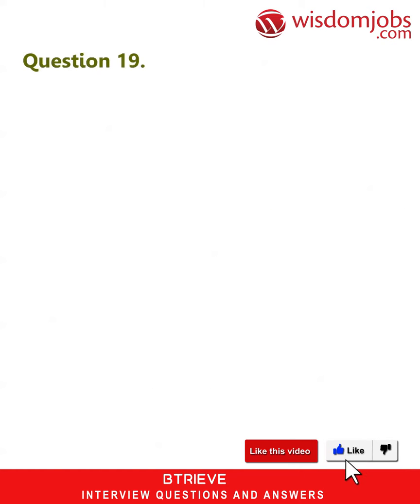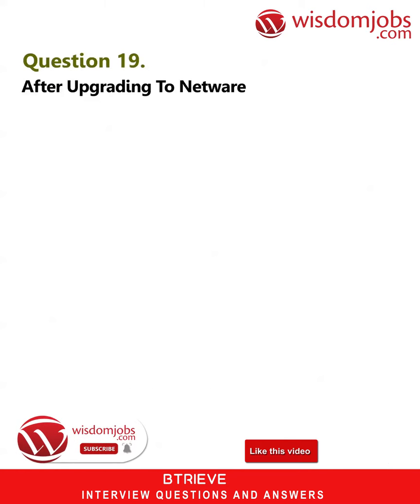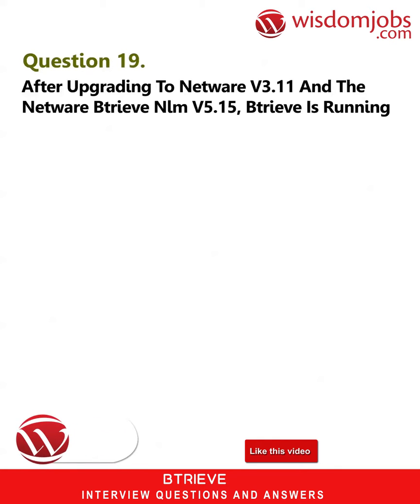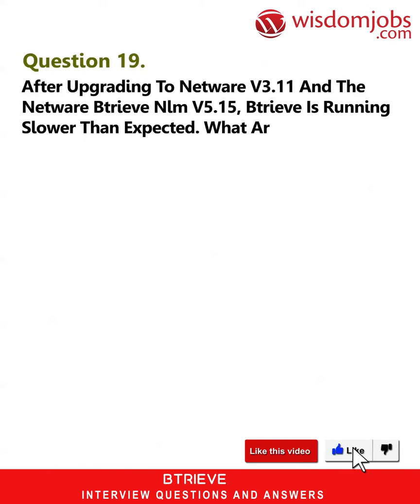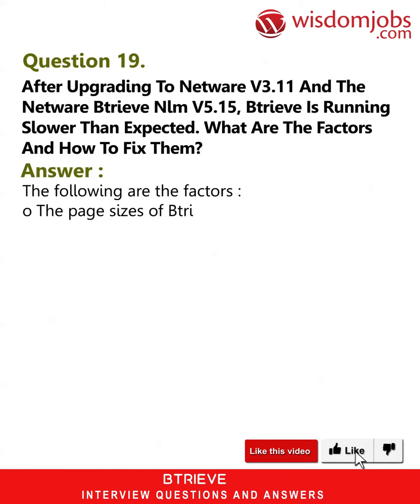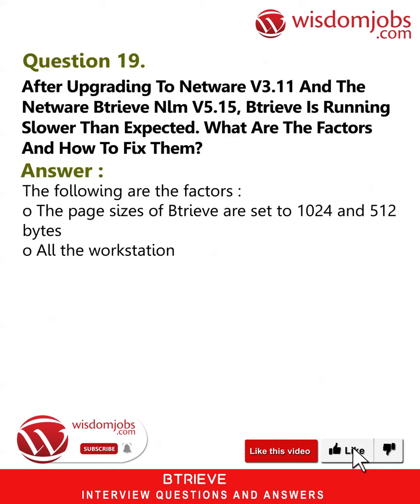Question 19. After upgrading to NetWare v3.11 and the NetWare Btrieve NLM v5.15, Btrieve is running slower than expected. What are the factors and how to fix them? Answer. The following are the factors. The page sizes of Btrieve are set to 1024 and 512 bytes. All the workstations are configured with IPX v2.15.